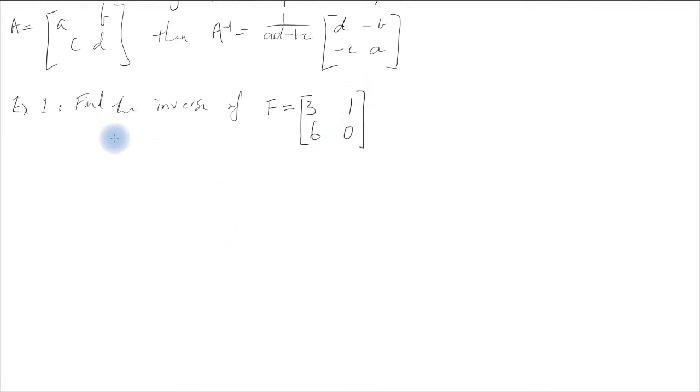Okay, find the inverse of F equals 3, 1, 6, 0. Well, first let's find the determinant. Determinant of F equals AD minus BC, of course, it's written there. So A times D, that's 6 times 0, minus B times C, 1 times 6, equals 6 times 0 is 0, minus 6 times 1 is 6, so that's minus 6.